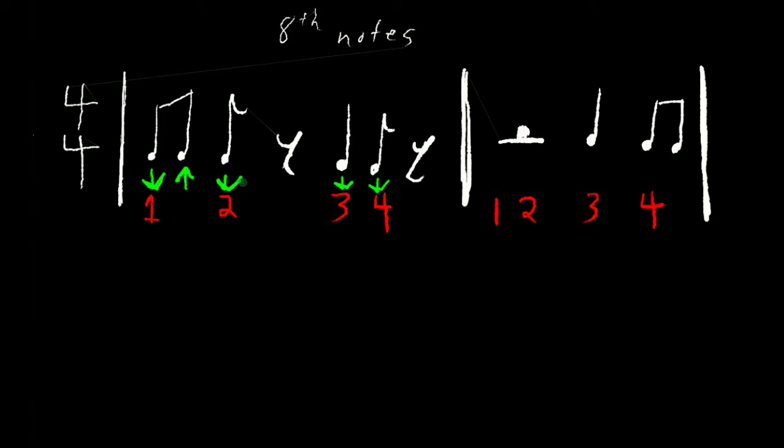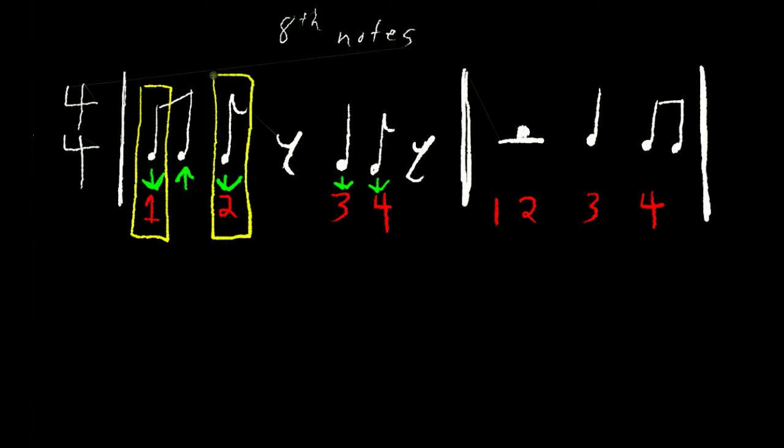And I'm doing that just to show you that, and I'll outline it in yellow. So we play every single downbeat in this measure. We play 1, 2, 3, and 4. We play every downbeat in this measure.